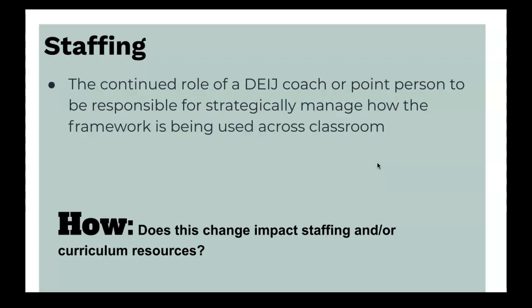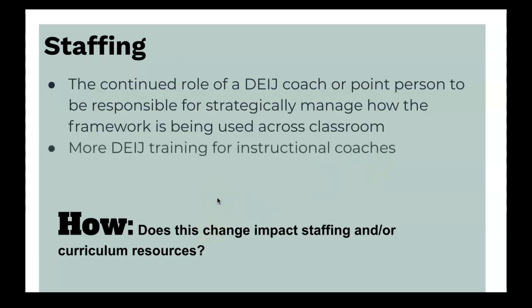And really be the person who is managing how this framework is being used across the classrooms. I would also add perhaps more DEI training for instructional coaches so that all instructional coaches can be a part of providing coaching cycles or helping with co-constructing lesson plans in relationship to the framework. I would note that as a possible change for staffing or curriculum resources.